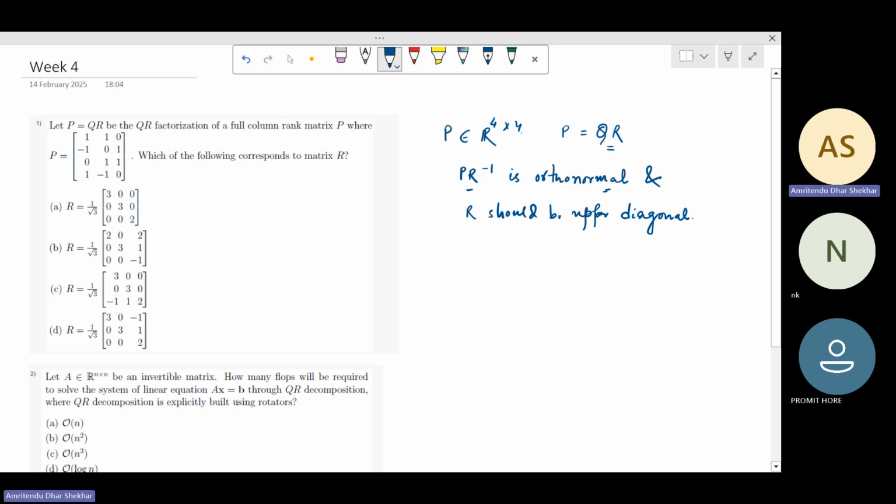So this is more like a computational problem. For each of these matrices, you should check P times R inverse.